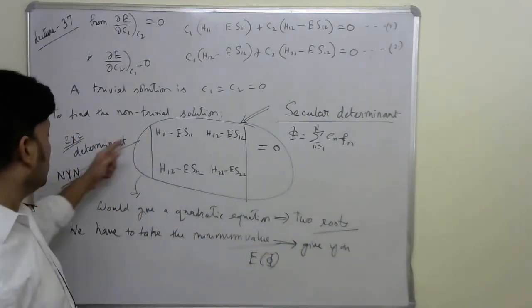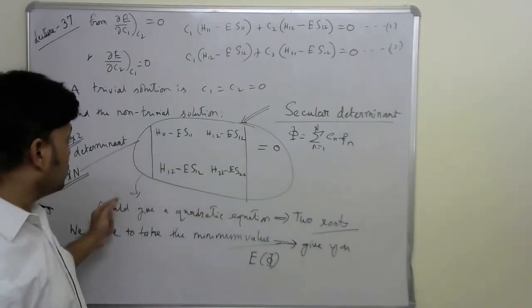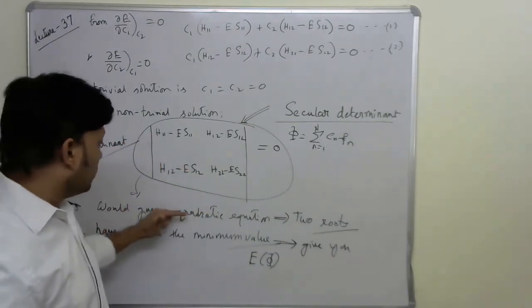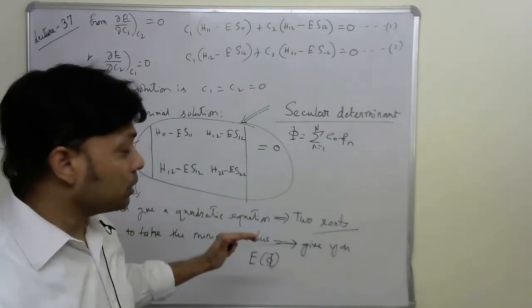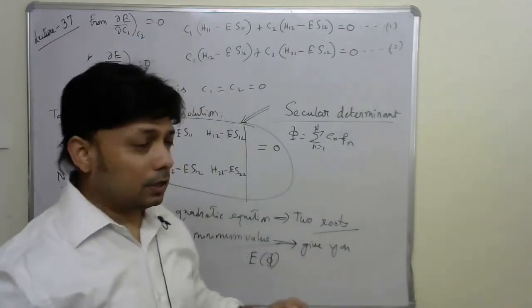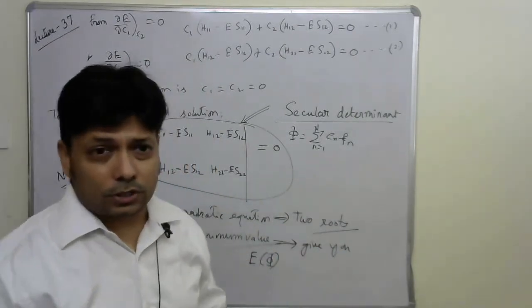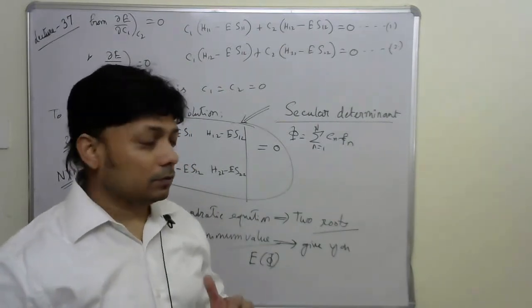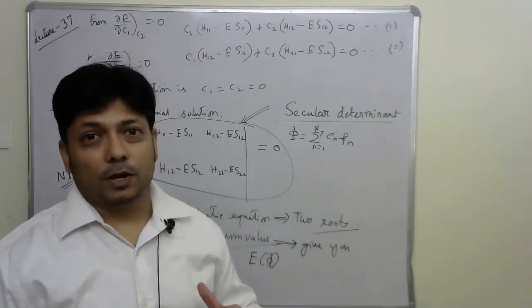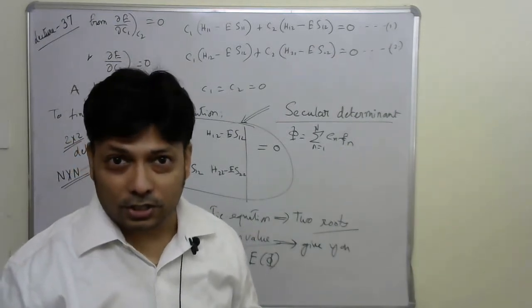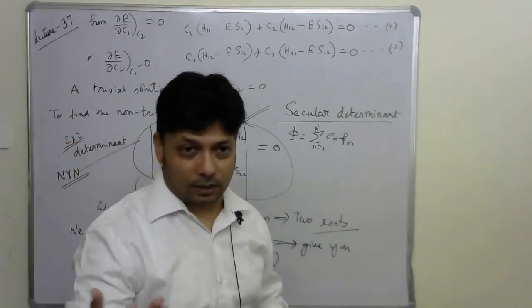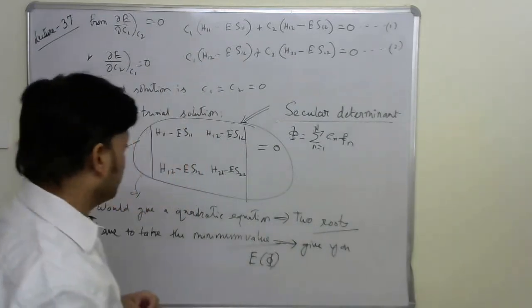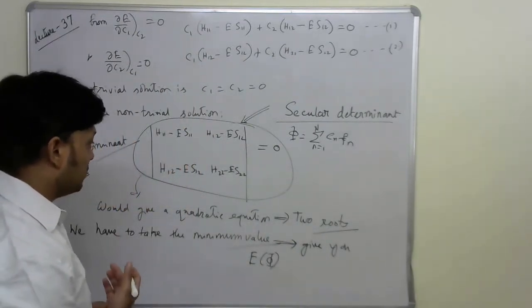We know that a 2 by 2 determinant can be solved by framing the quadratic equation, and if the quadratic equation can be readily solved, we can get the square root. If it is not readily solved, we can employ the method by Sridhar Acharya, where we can get the acceptable roots.